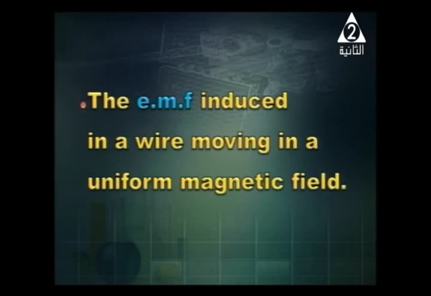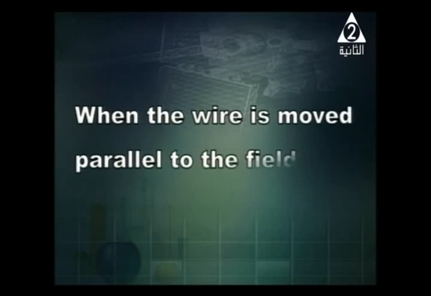When does the EMF induced in a wire moving in a uniform magnetic field equal 0? A wire moving in a magnetic field, but no EMF is induced. The wire must be moved parallel to the field.